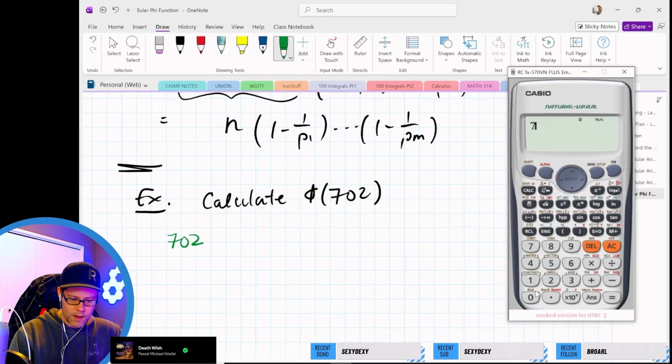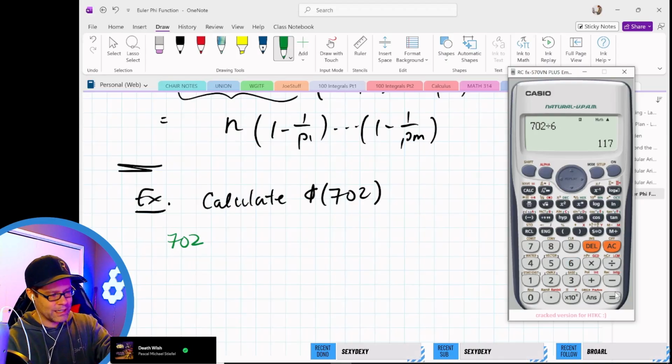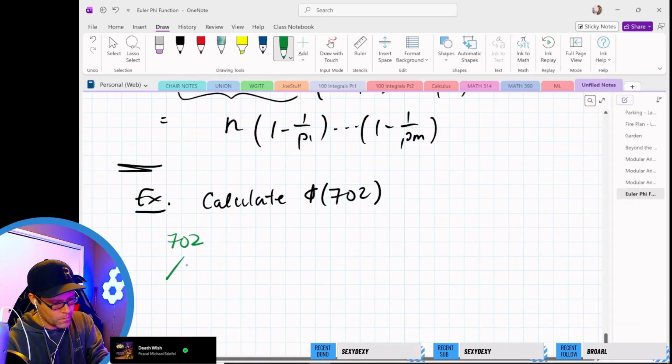So let's see, 702, it's definitely divisible by 3. It's divisible by 3, it's divisible by 2, so it's divisible by 6. So what if I do 702 divided by 6? I get 117.